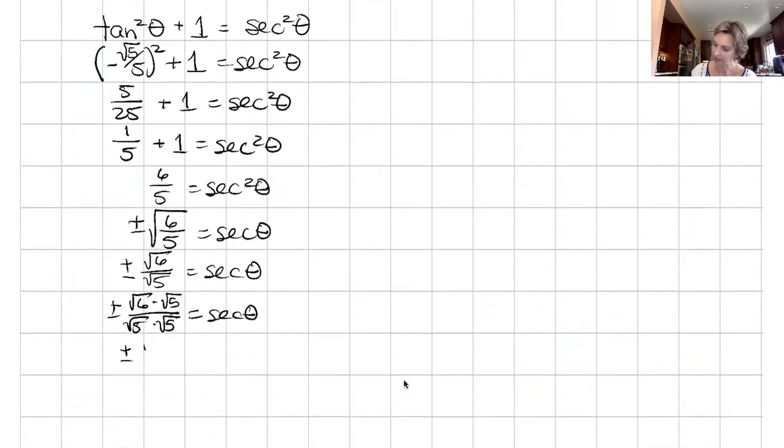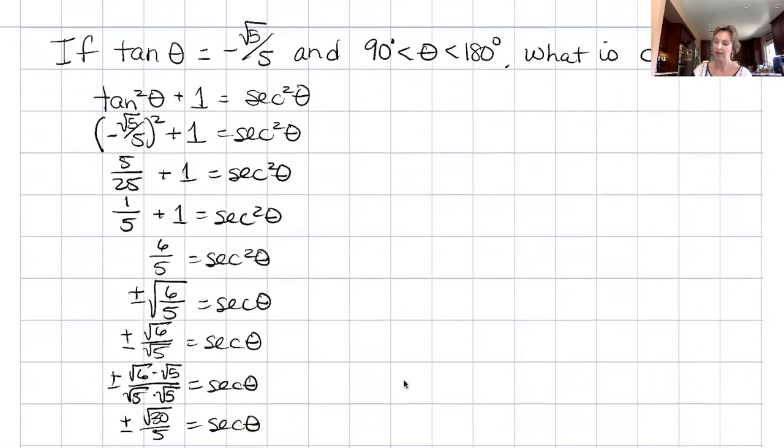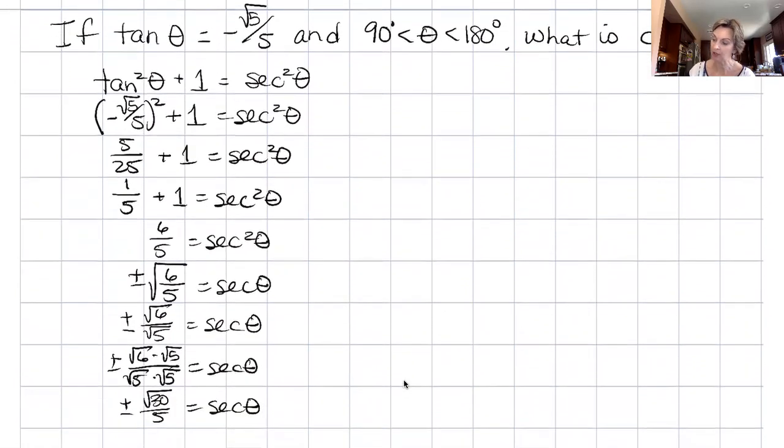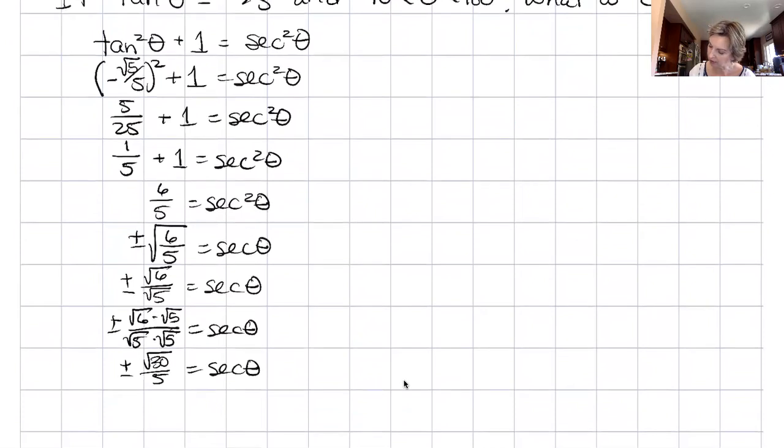And you get plus or minus the square root of 30 over 5. Now we have plus or minus, but we do know we're in quadrant 2.